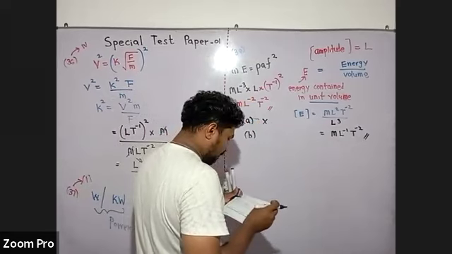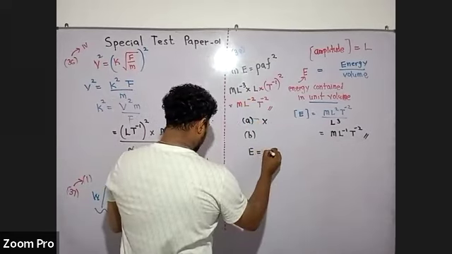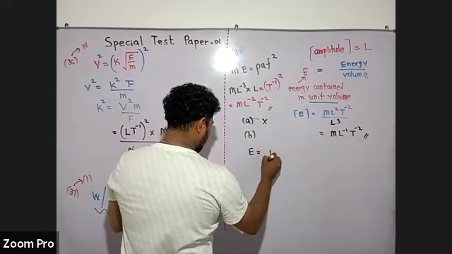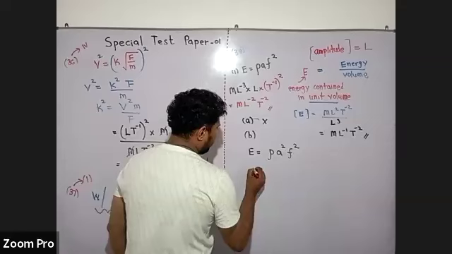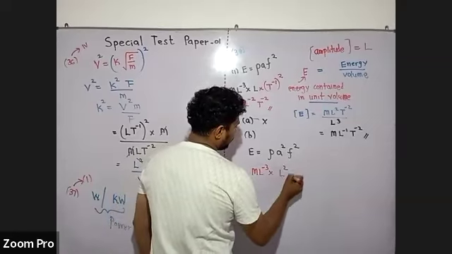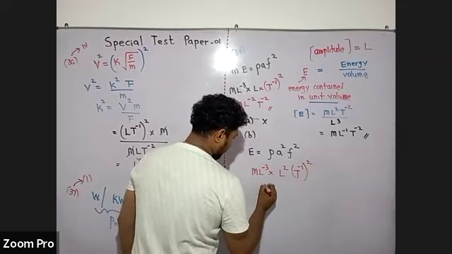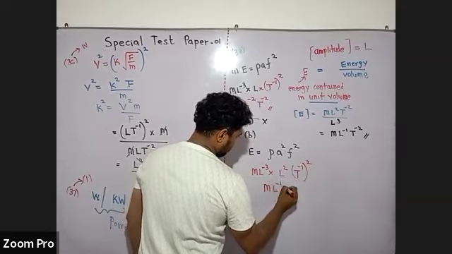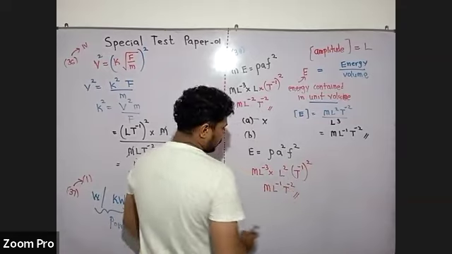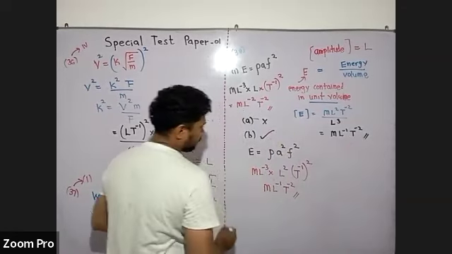Now in the B question, we have to consider E equal to P A squared F squared, right? So P means ML^-3, A means L to the power 2, T means T. Then we can obtain the same dimensions, so this should be the correct one.